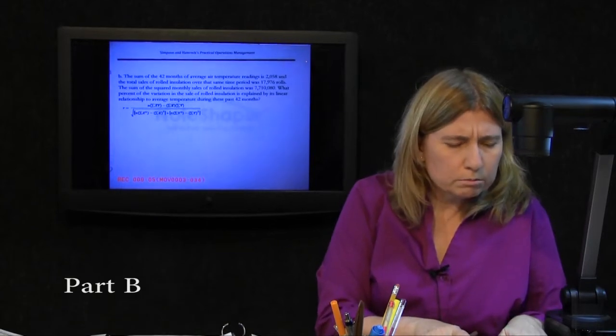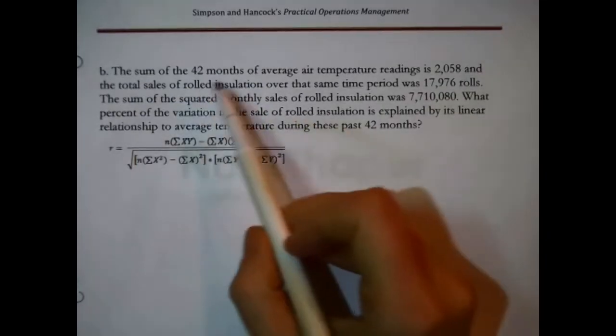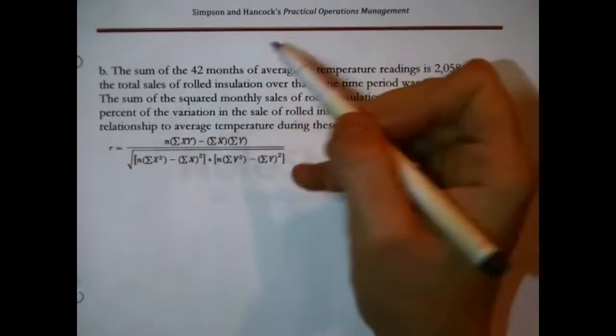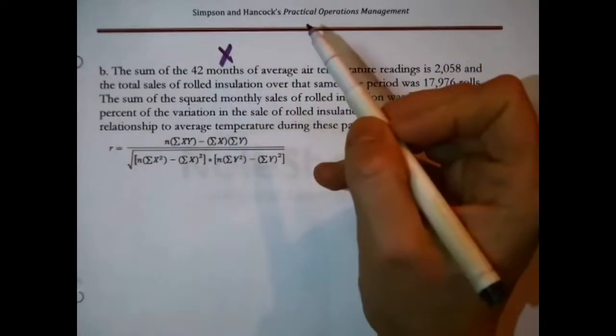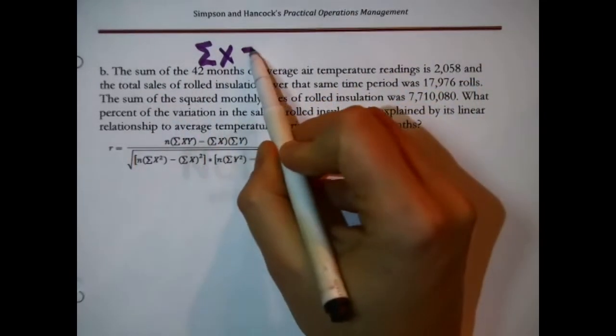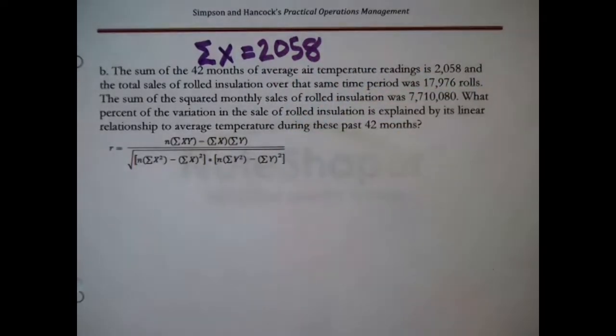Next part, there's more facts. The sum of the 42 months of air temperature readings is 2,058. Air temperature readings is X. The sum of those 42 months, I'm adding them up: the sum of X equals 2,058.